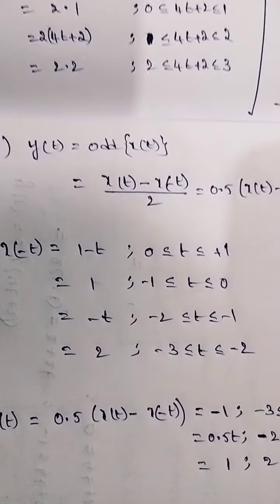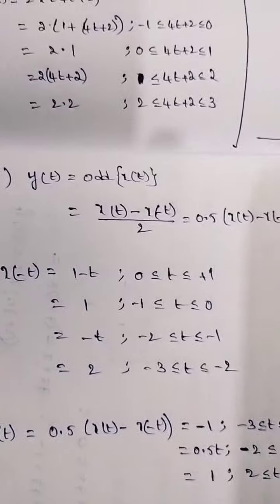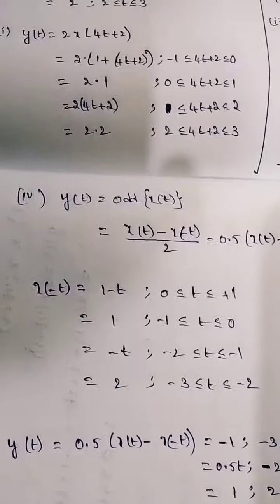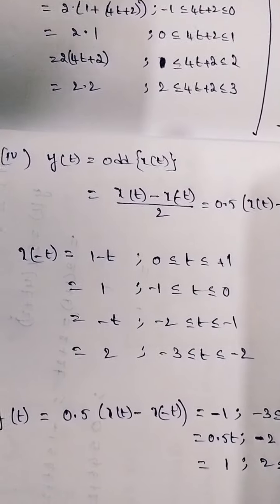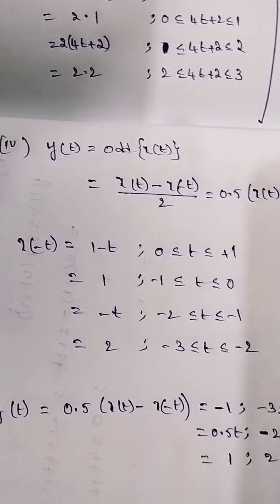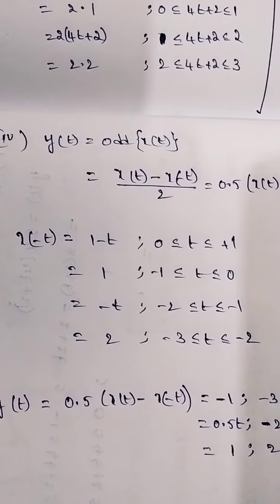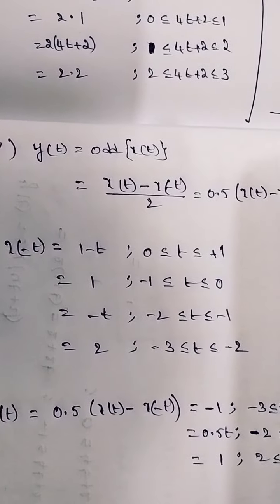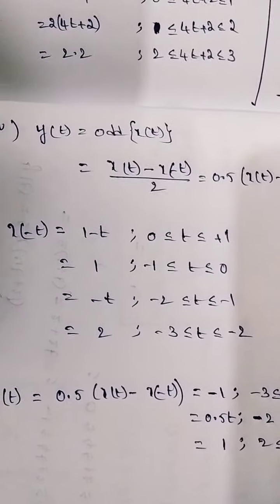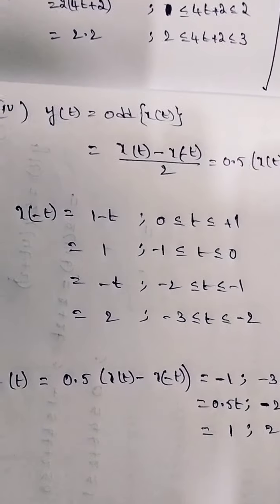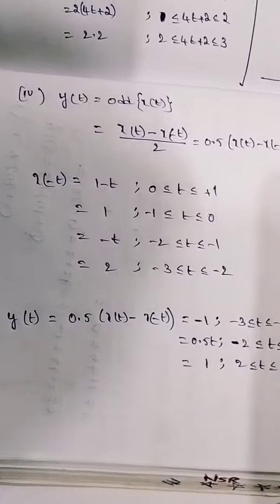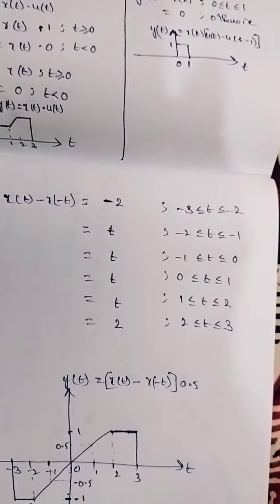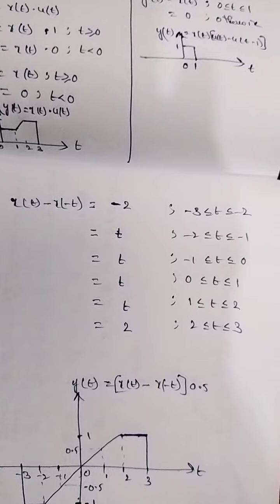In the same way, substitute minus t in the place of t and then find the range value for t. So here we get 1 for minus 1 to 0, minus t for minus 2 to minus 1, 2 for minus 3 to minus 2 range. So after getting x(-t) like this, determine x(t) minus x(-t).